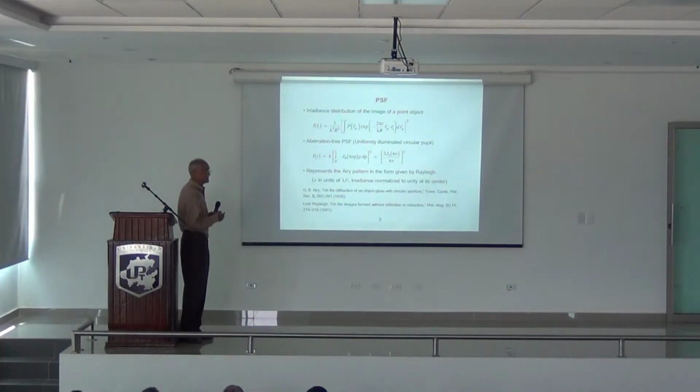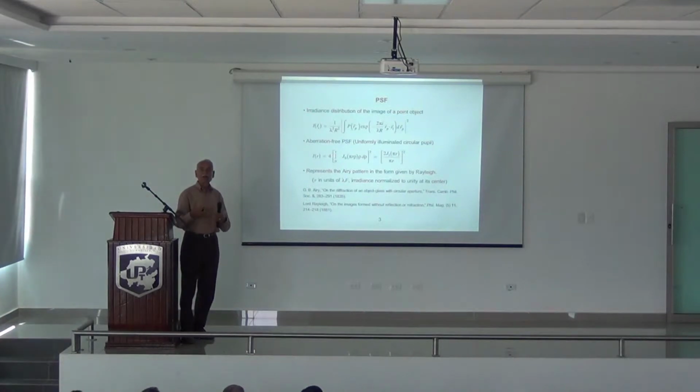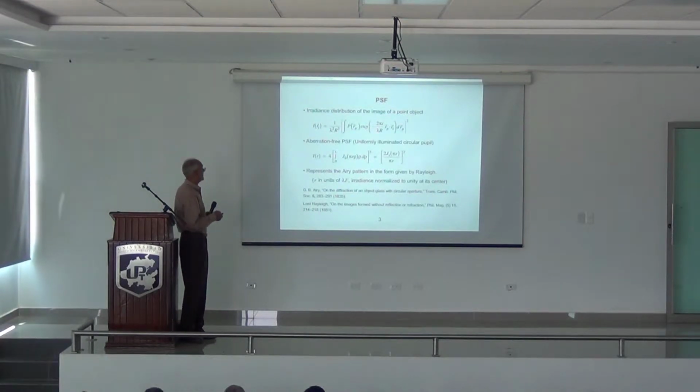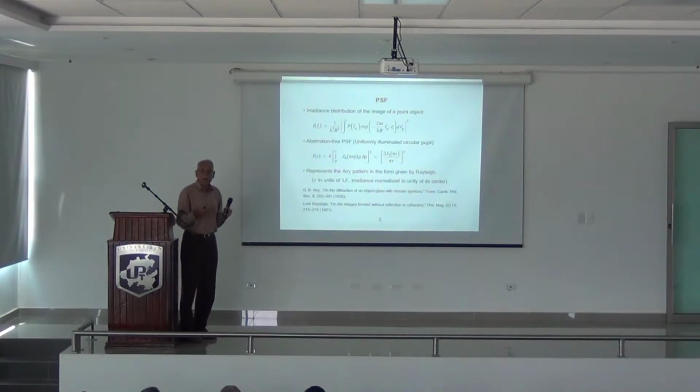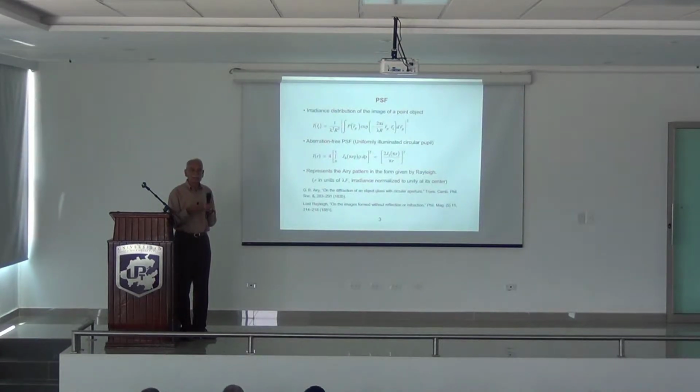And 1 over lambda square is how the dependence is on the wavelength other than the wavelength dependence here. And this is inverse square law on the wavelengths, you could say. Smaller the wavelength, smaller the focal spot, and therefore higher the brightness.